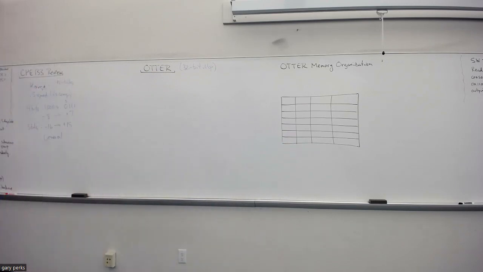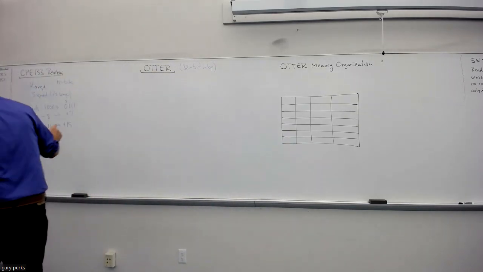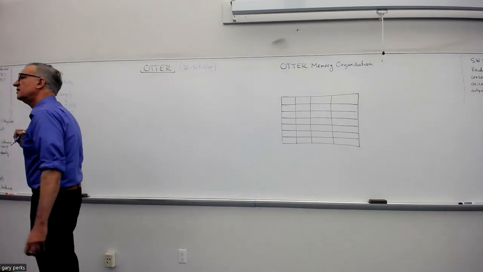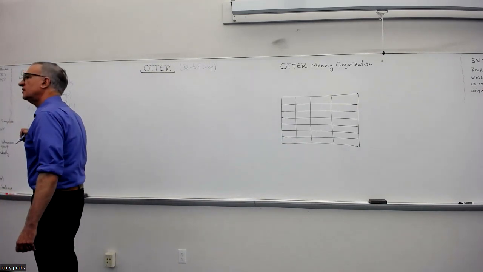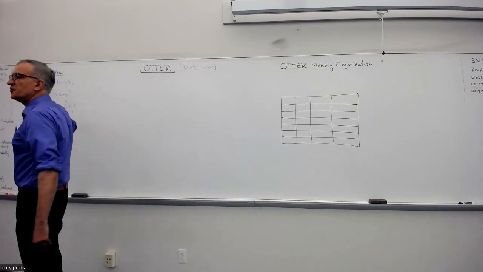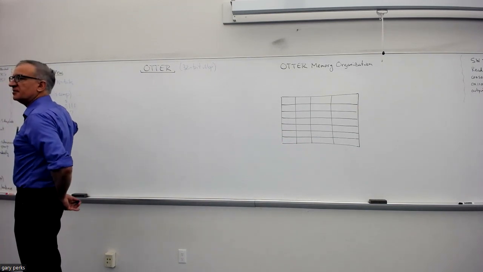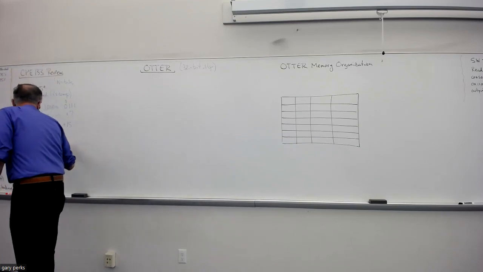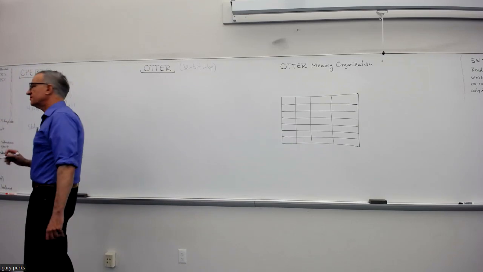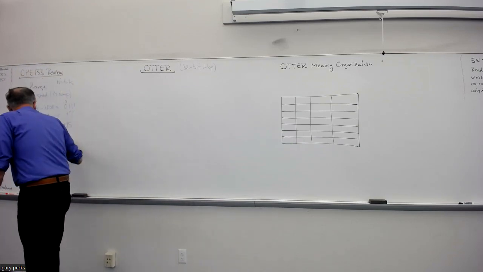It would be minus 2 to the power of n minus 1, up to 2 to the power of n minus 1, minus 1. This is no different than the unsigned, except we have to subtract 1 for the max.